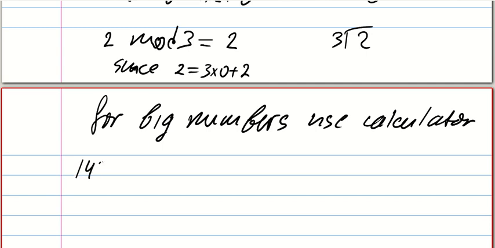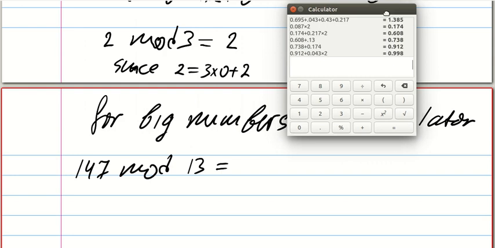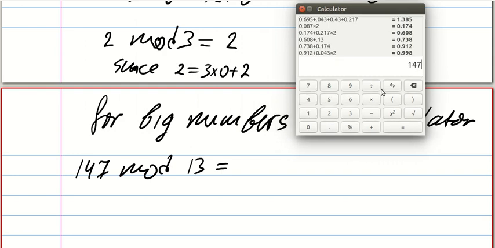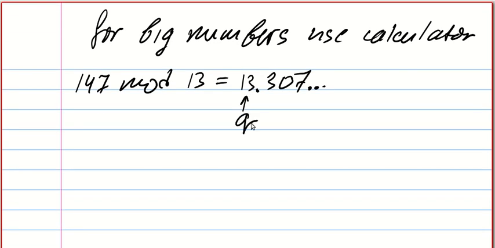So what would be 147 mod 13? You take a calculator, you divide 147 by 13. We did it before, so you get 11.307, something goes on. The whole part is your quotient, your q.